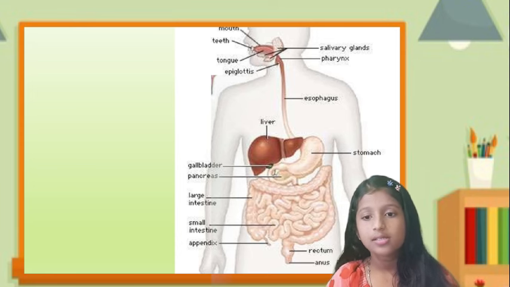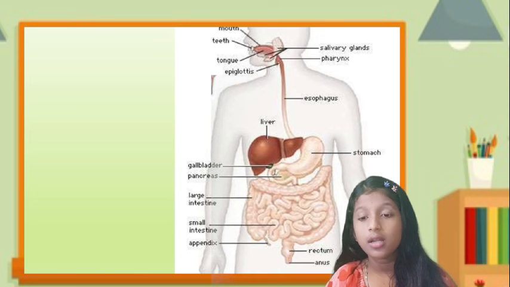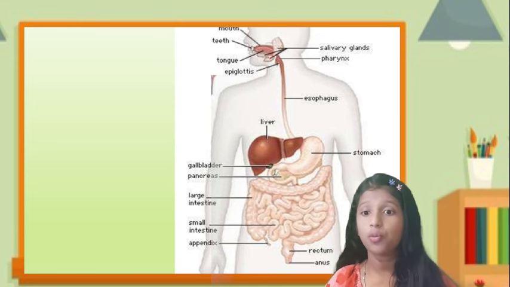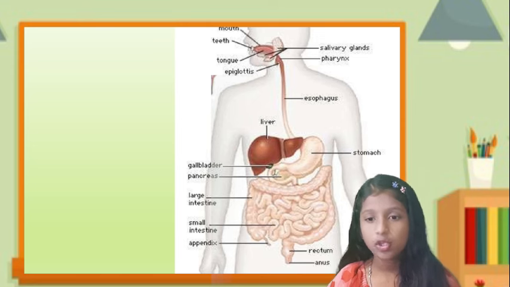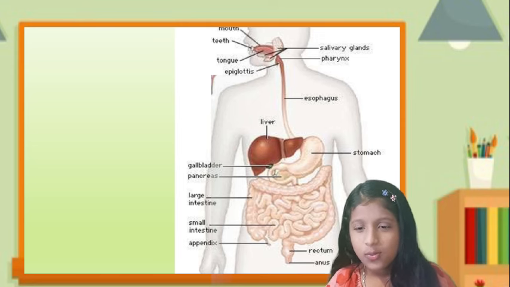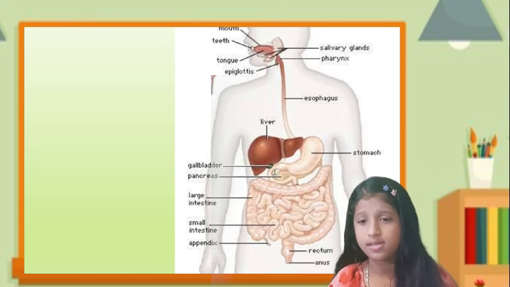You can see, guys, the large intestine is connected to the small intestine like a snake. You think a snake is in my stomach? No, there is the large intestine and small intestine. Very sensitive.